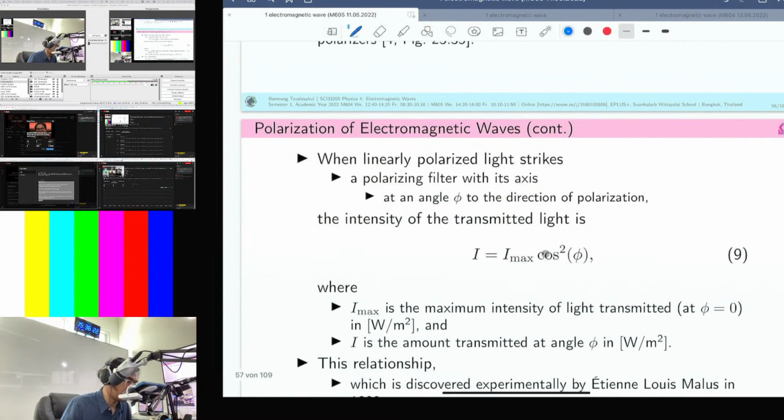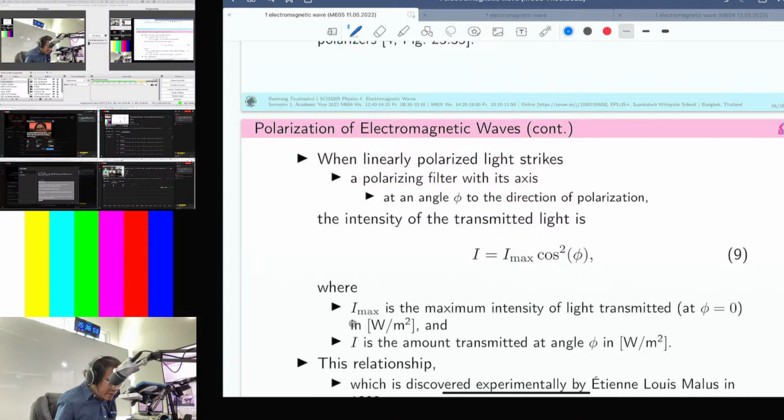Let's talk about the detail. When linearly polarized light strikes a polarizing filter with its axis at an angle phi to the direction of the polarization, the intensity of the transmitted light will be reduced to I, which is equal to I max times cosine square phi.